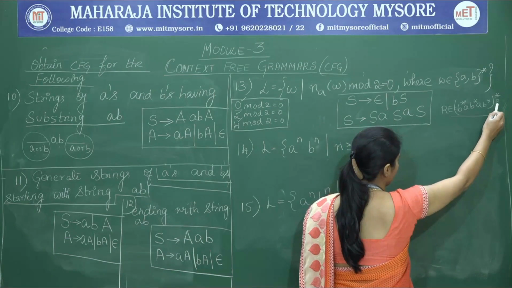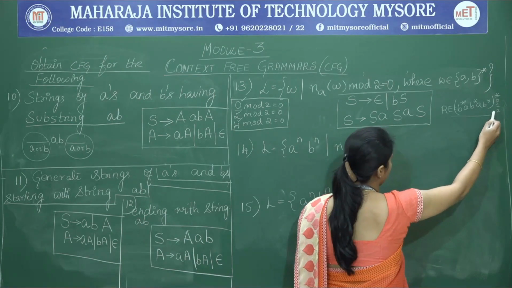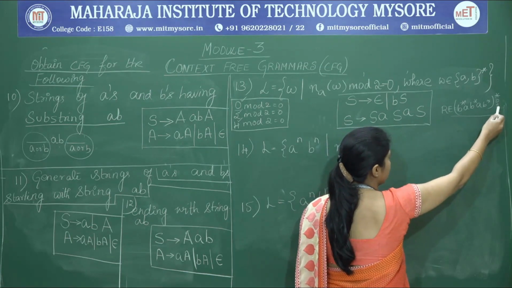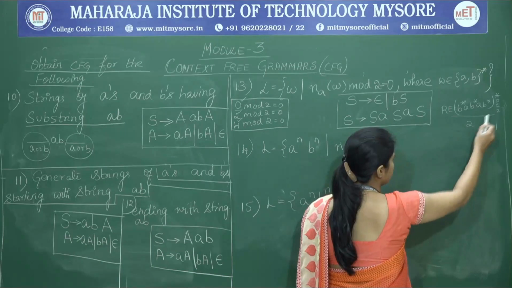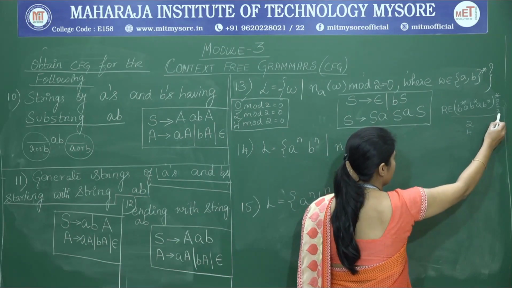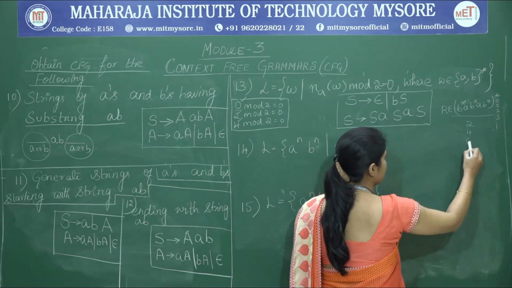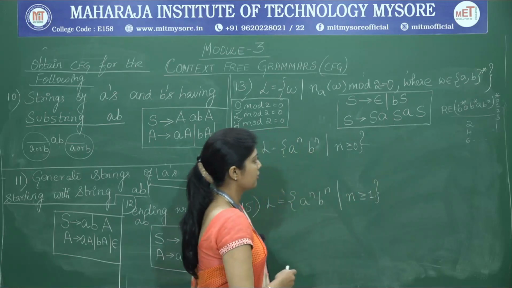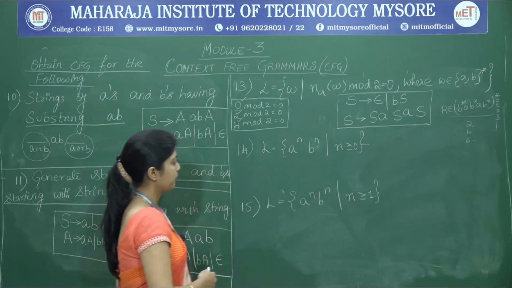First time this could be a 0, this could be a 1, 2 and so on. When it repeats 0 number of times, epsilon is produced. Once it repeats 1 time, 2 A's are produced. If it repeats 2 times, 4 A's are produced. If it repeats 3 times, 6 A's are produced and so on. So that is what we have represented as the rules of grammar.